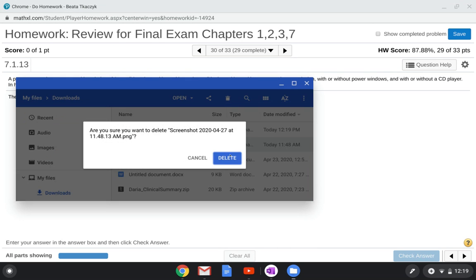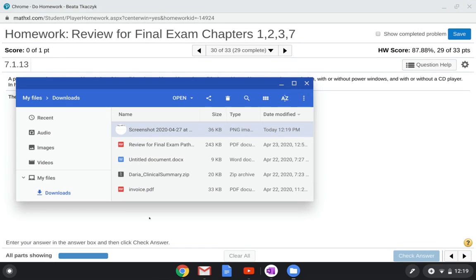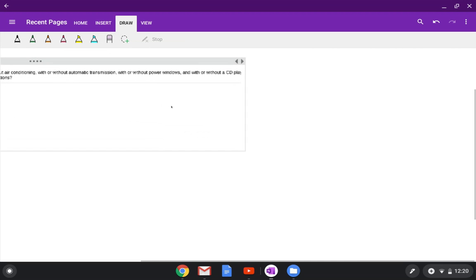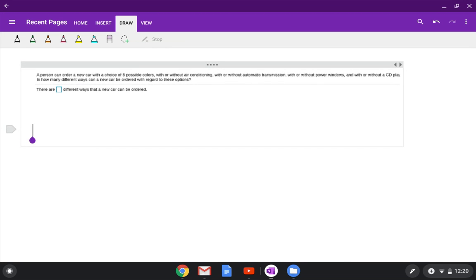Just delete this one. We select this one. I'm not sure why it's so small.